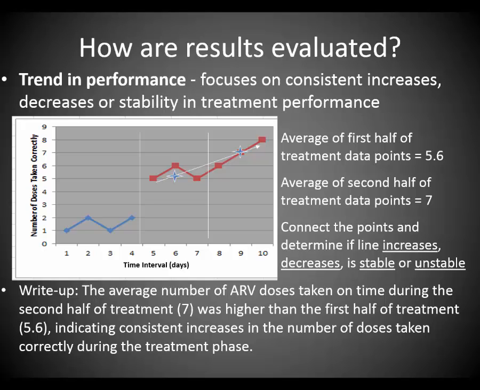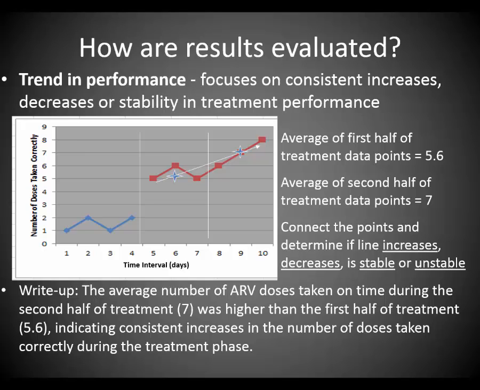So the average number during the first half is 5.6, and this increases to an average of 7 during the second half. What we can do is actually plot these points on our graph, connect them to determine whether or not the line increases, decreases, or is stable. And we could write up our results in the same way.